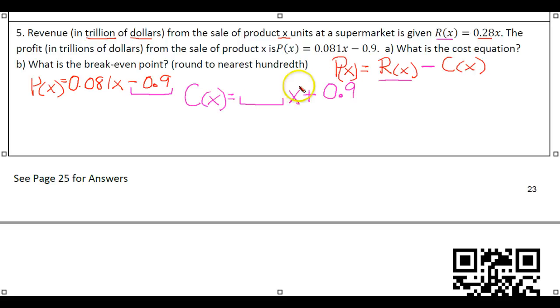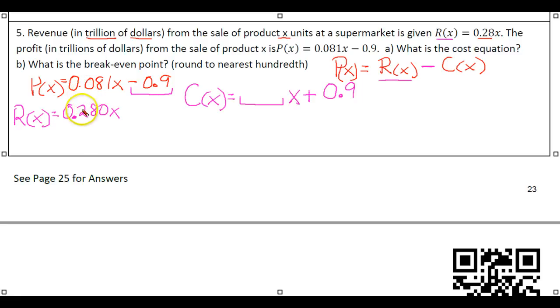Now, we know also then we had to subtract what the cost of producing each item was from our revenue. So there is our revenue function right from there, and I added a 0. So when we do our subtraction, we can do this a little better.